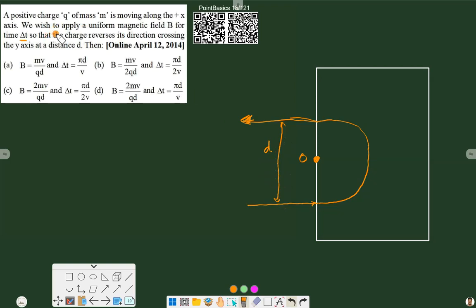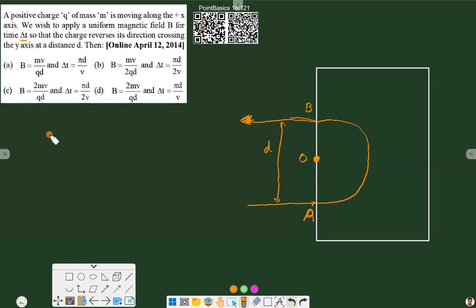The charge reverses its direction, crossing the y-axis at distance d from the initial point of entry. So it enters at point A and leaves at point B, and the distance between A and B is equal to d. We know that the distance between O and A is equal to the radius, and the distance between O and B is also the radius.